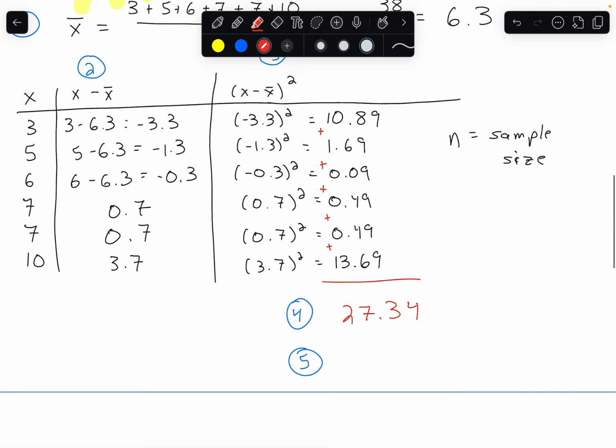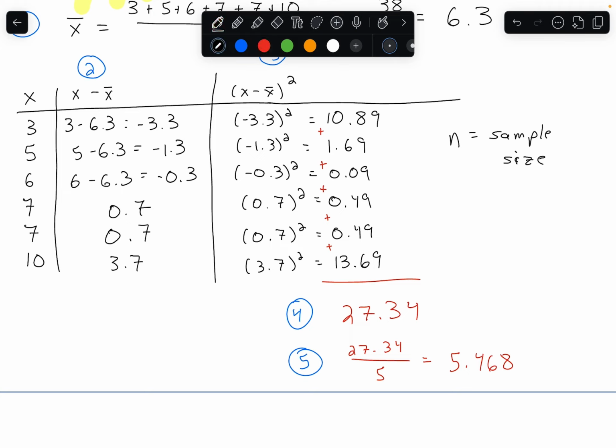So I'm going to take that 27.34 and divide it by 6 minus 1, which is 5. You can write in 6 minus 1 if you want, or you can just say I know that's 5. Taking that number divided by 5, I end up with 5.468. There is my step 5.